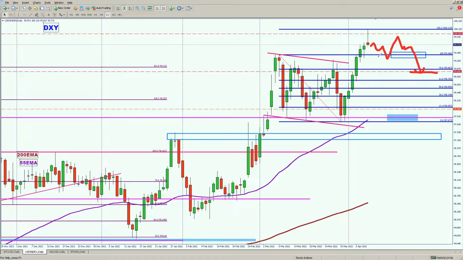So we'll see over the first half of next week whether it's going to attempt to retest 100 and whether it's going to break through the 100. We shall see.